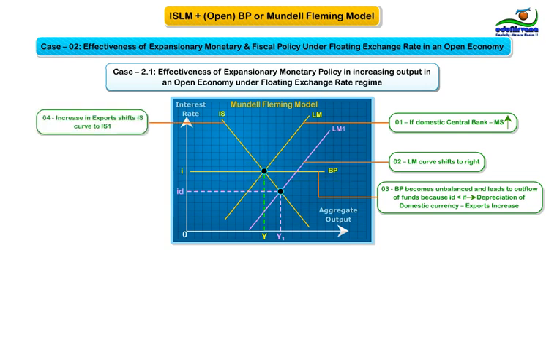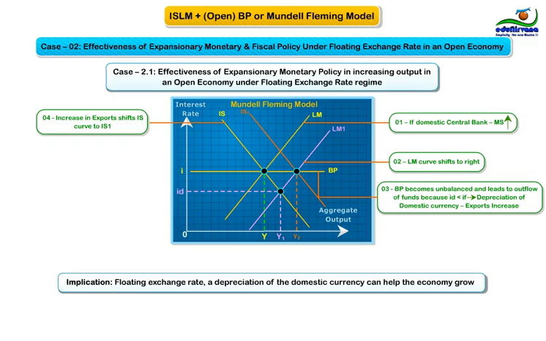The increase in net exports shifts IS to IS1, which results in even more increase in aggregate output or income in the economy from point Y1 to point Y2, and of course, in restoring the balance or equilibrium in balance of payment too. The economy gains even more.